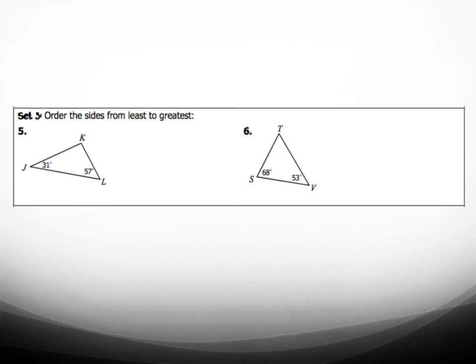Let's do some more practice. Order the sides from least to greatest. First we're going to have to fill in some missing information. The angles that we are given are 31 and 57, and we had to figure out the last one, 92, because all the angles add up to 180 in a triangle. So we're ordering the sides.